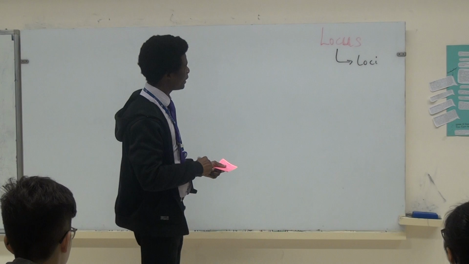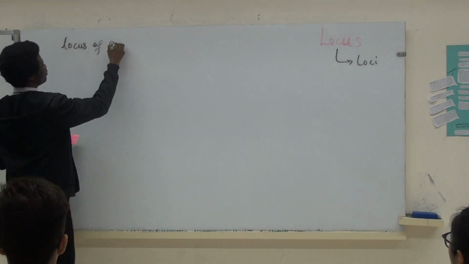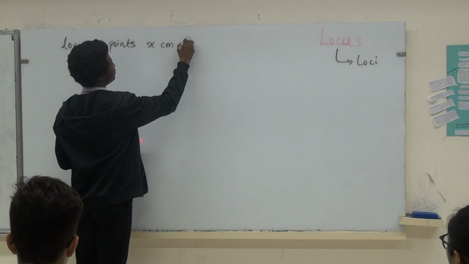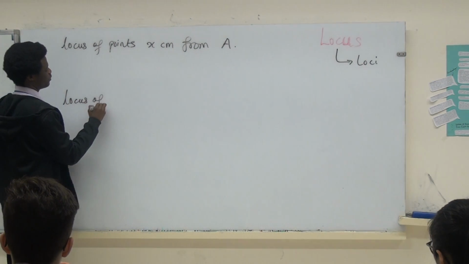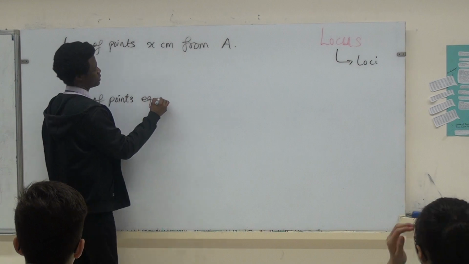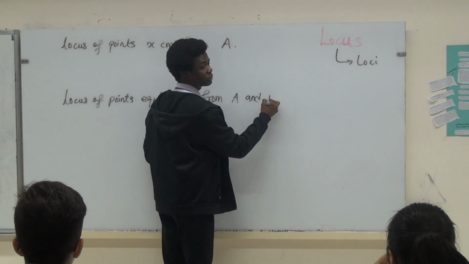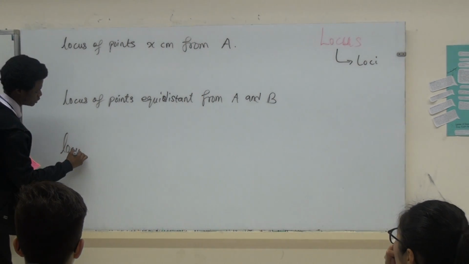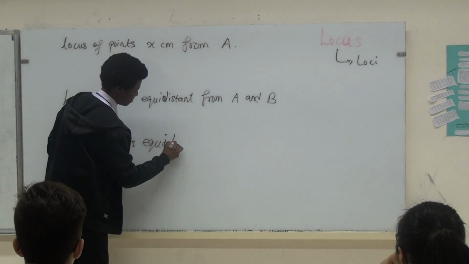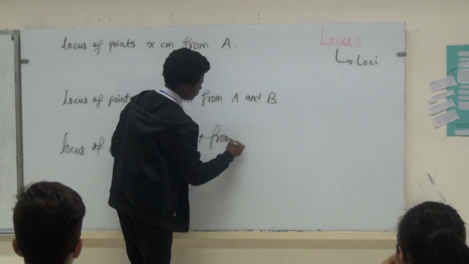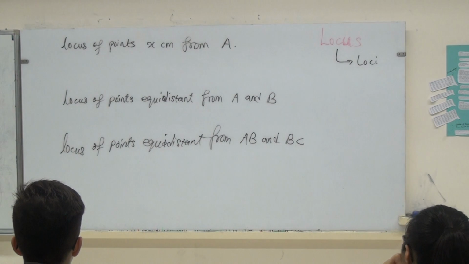The first one I'd like to talk about is locus of points, maybe X centimeters from A. Another one is locus of points equidistant from A and B. The last type of locus question you can get from IGCSE is locus of points equidistant from AB and BC. These are the three you can expect.